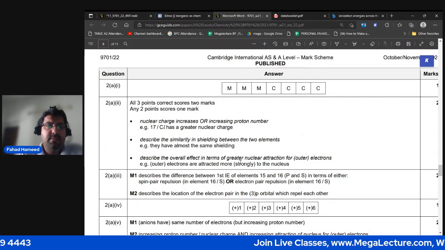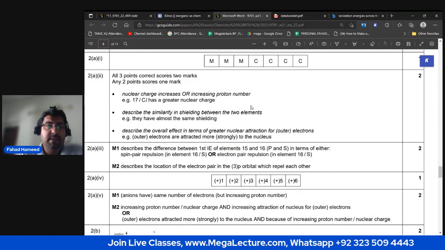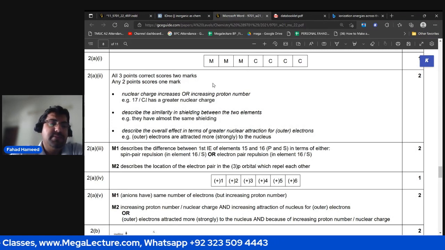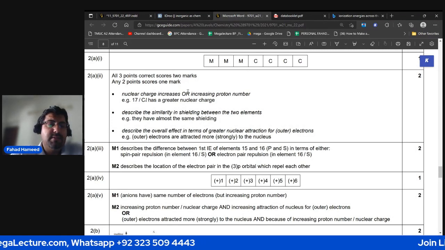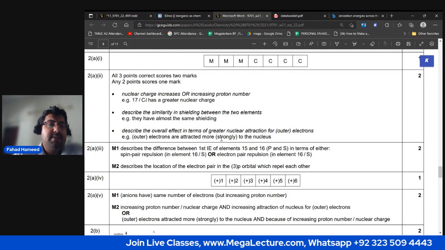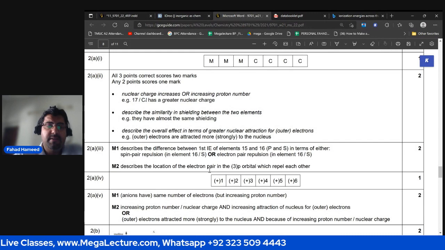So the answer to that was nuclear charge increases. They actually gave you three points. So nuclear charge increases, similar shielding, and the last one was the overall effect in terms of greater nuclear attraction, or electrons are attracted more strongly to the nucleus. Remember to make sure you write this point whenever you answer this.